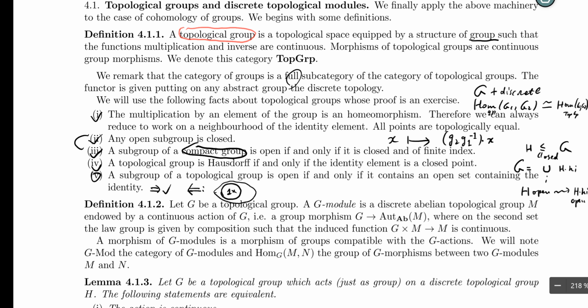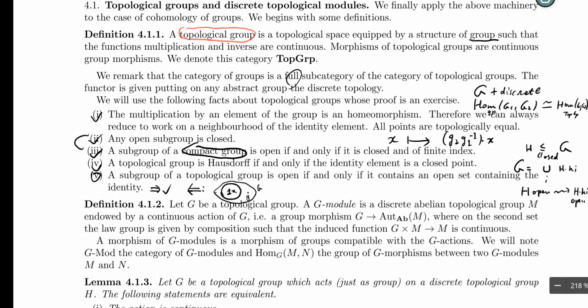You see, for any element of this group G, if it's already in this open set, then it's okay. Can you find any element of the G that is not contained in this open set containing identity? If you cannot find it, it means this G is this open subset containing identity.